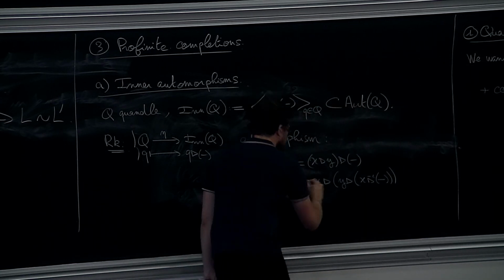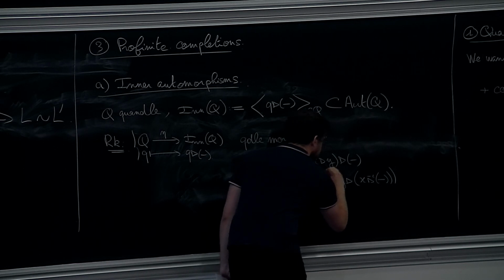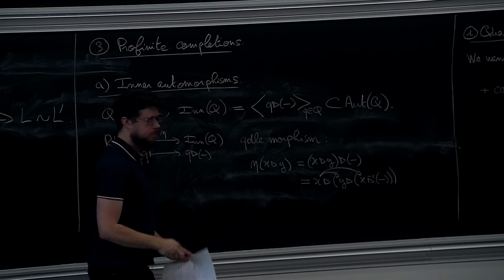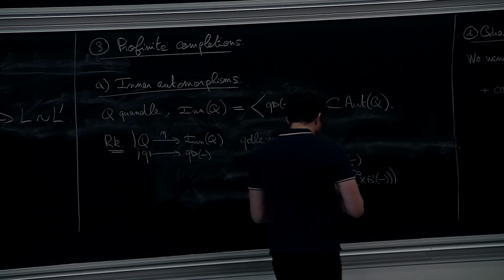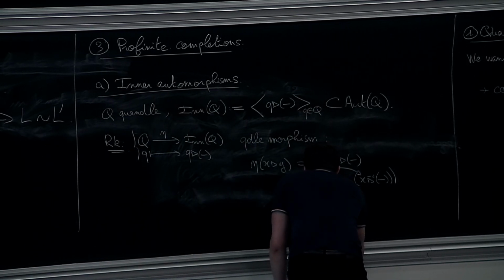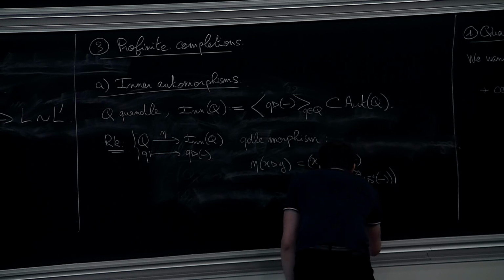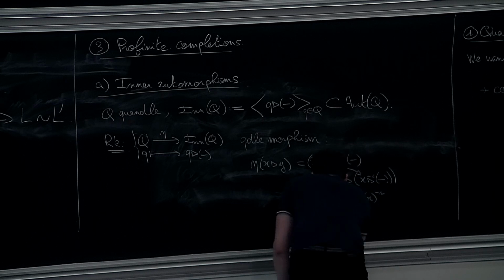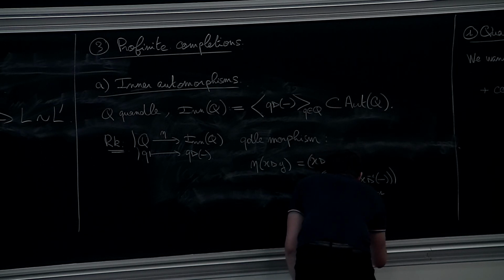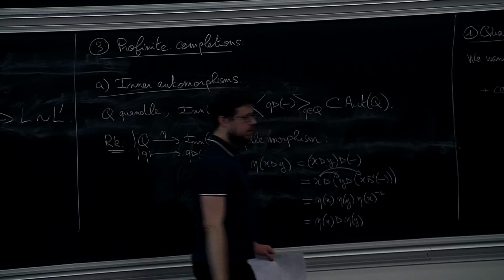Because here you can distribute this one over these two, and that is exactly what we want, which is the conjugation in the group.